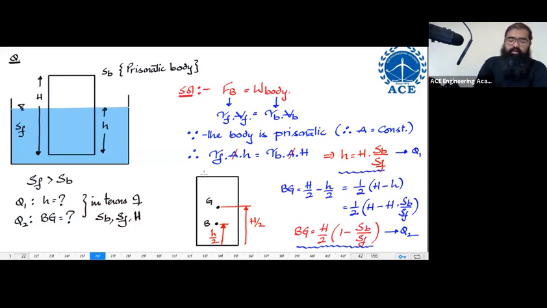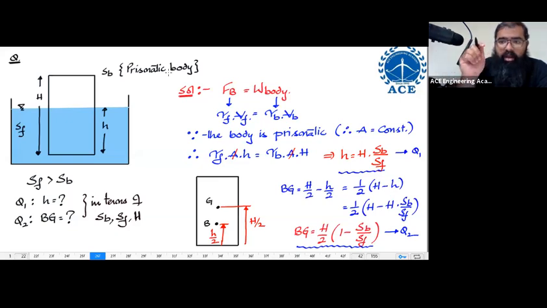Chaliye. I hope this is clear to all of you. The purpose of taking a prismatic body over here: now understand what is the purpose of taking this question. See, many practical applications are going to have floating bodies only. Practically, the majority of the applications you take will be on a floating body.